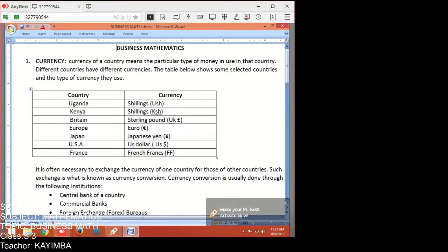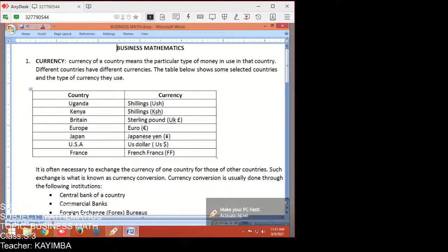They have the euros, with the symbol as illustrated there. Then Japan, they have what we call the Japanese yen. The symbol is also there. Then there is USA. They have a US dollar. Then France, with the French francs, which are represented by two capital F's in the brackets.